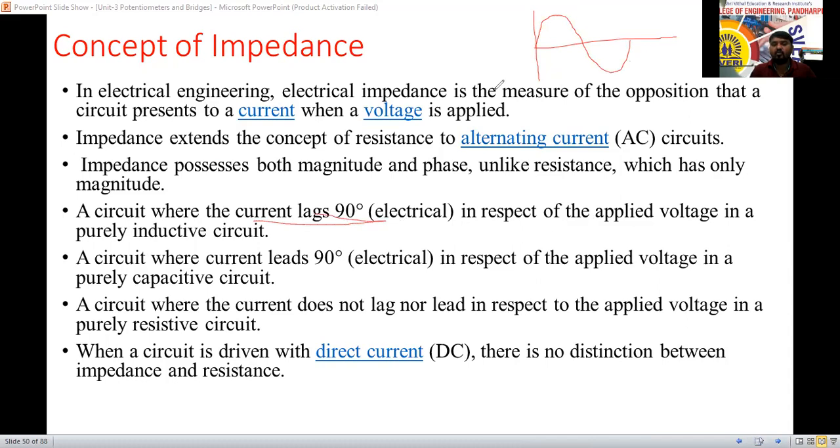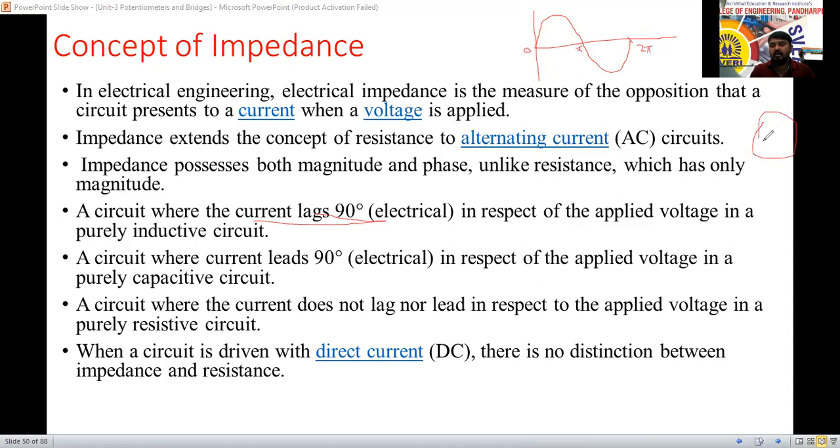If the inductive load is there, here I will take the red one. This is 0. This we are going to call one cycle, that is 2 pi. 2 pi is equal to how many degrees?